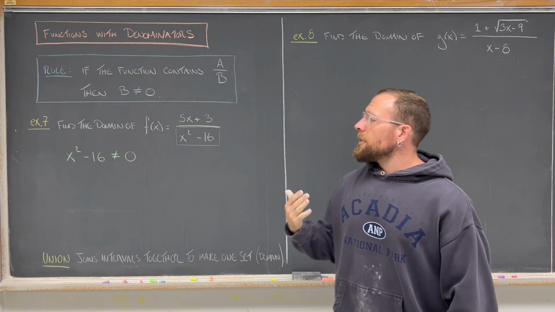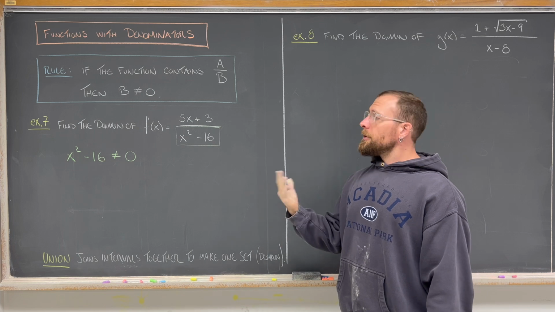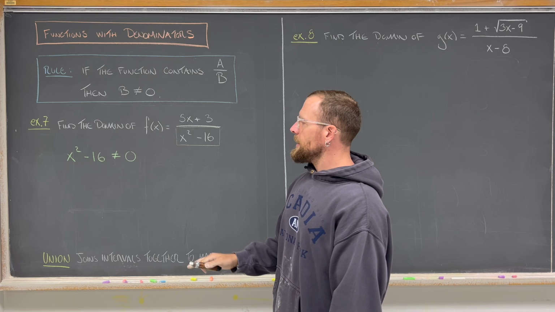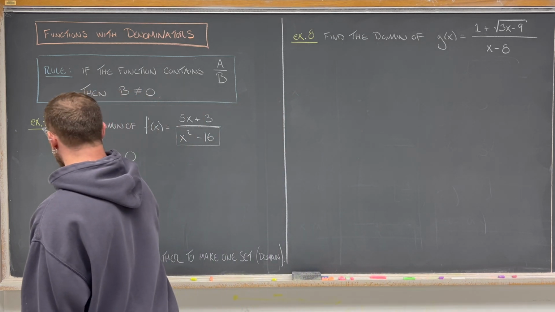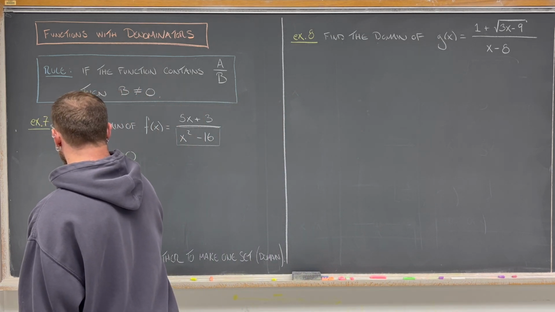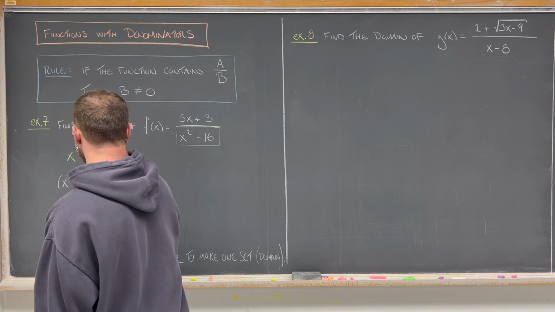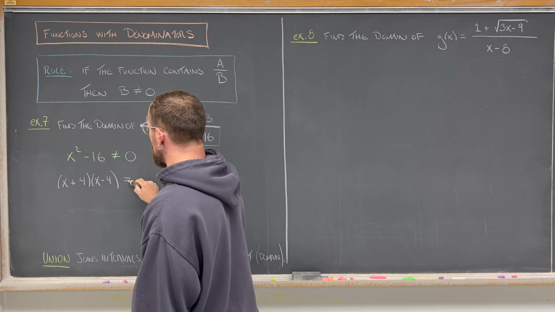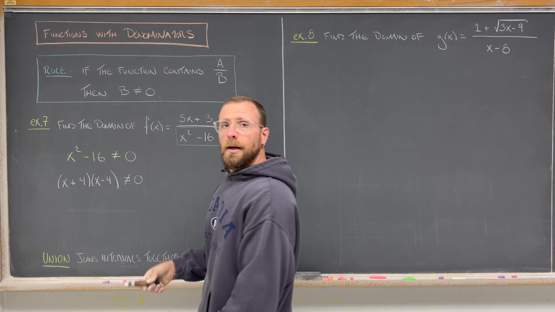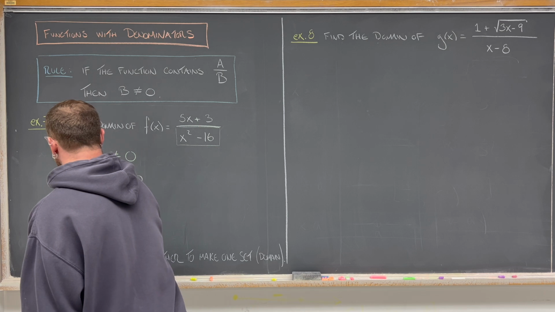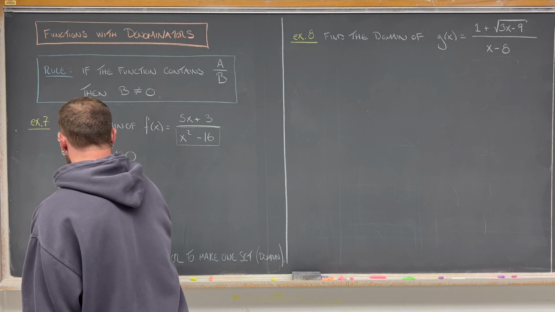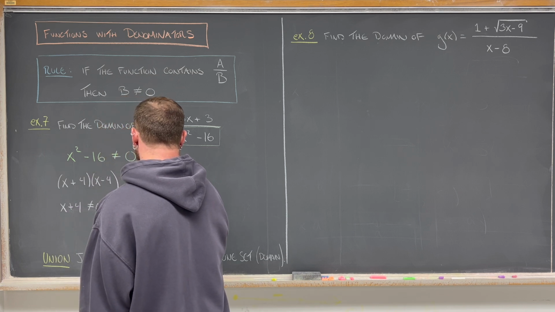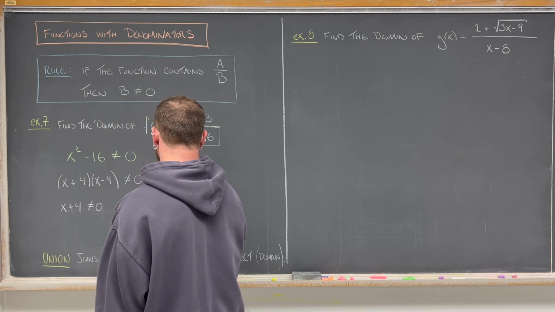Okay, so what does that tell you about the values of x that are allowed or not allowed? Well, specifically, this is going to tell me what x is not allowed to be. I don't think it's very hard to see that I'm going to factor this into x plus 4 times x minus 4, because that is a difference of squares. I know that that is not allowed to be 0. And I know that that means that x plus 4 is not 0, and x minus 4 is not allowed to be 0.